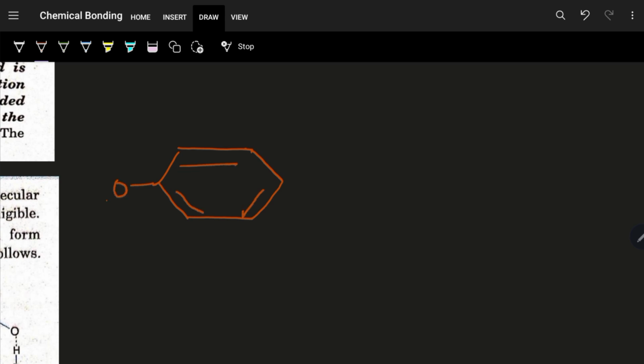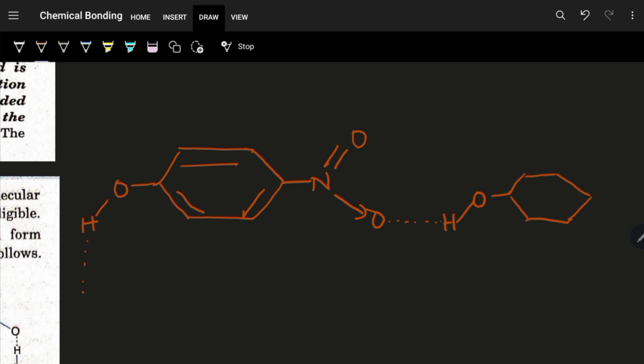So this is one OH, and to the para position there is a nitro group, N double bonded to O, and a covalent bond to O, which can be positive and negative. This can be hydrogen bonded to the OH of another unit of P-nitrophenol, and like this it goes on and on.